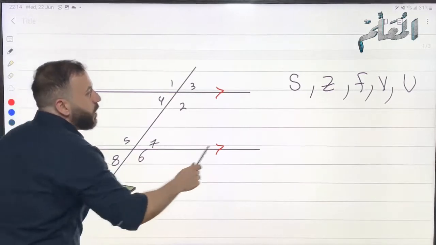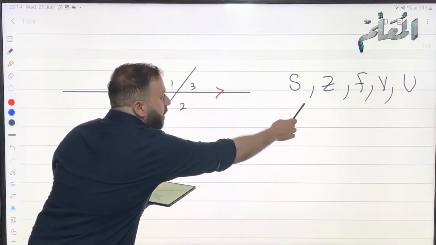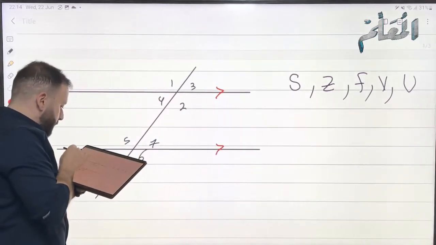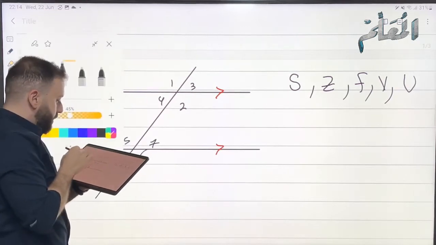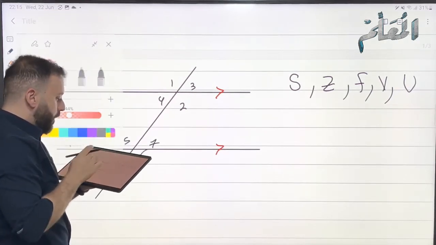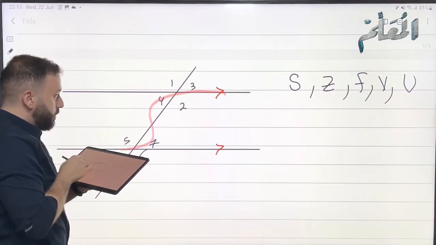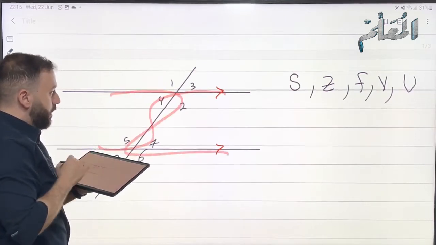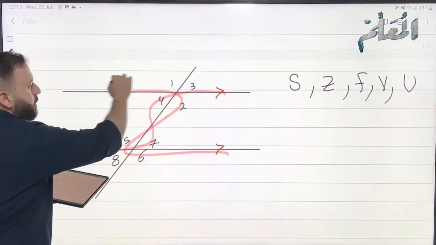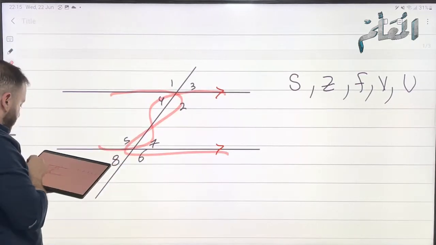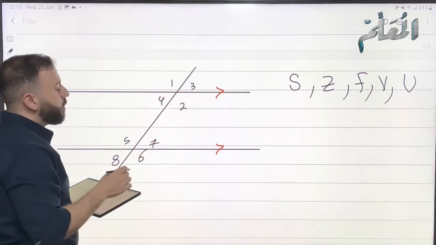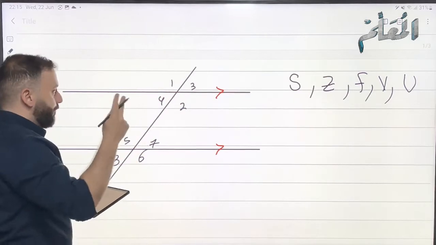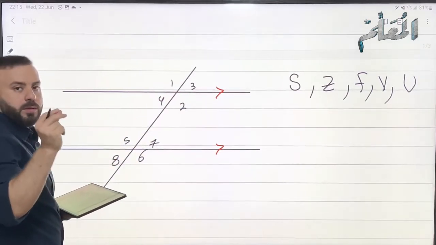First, I'm going to talk about the alphabet S and the alphabet Z, which is this one and this one. In these two, we have two important points.